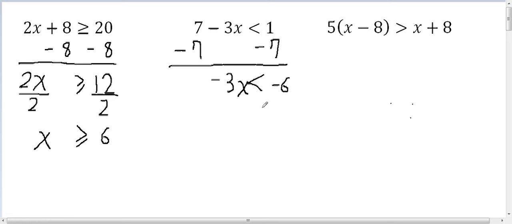Next, we want to divide both sides of the inequality by minus 3. But when we do, we need to remember that we have to change the direction of the inequality.